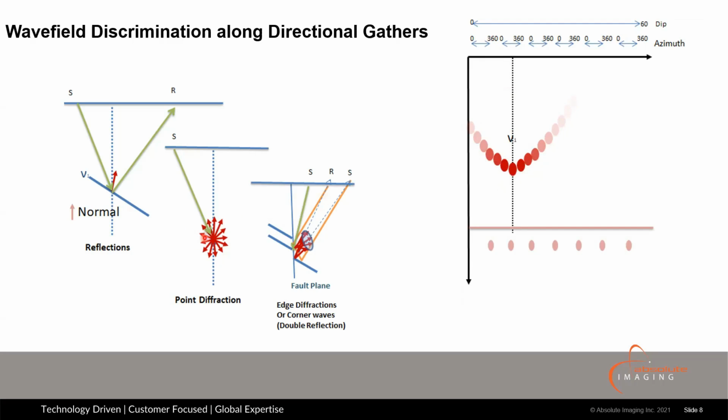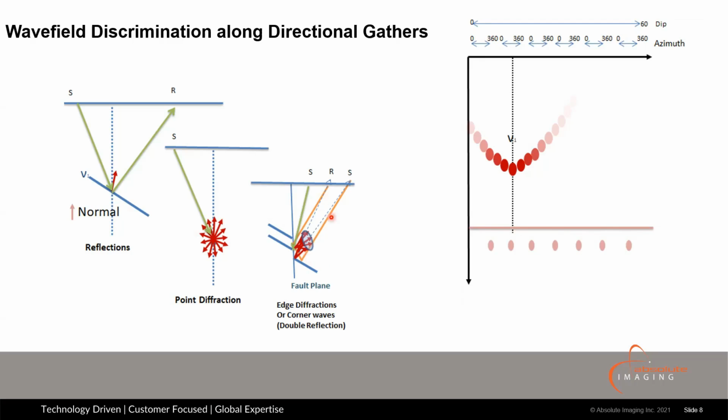In contrast, if you have a point diffraction, where energy is spread out equally in all azimuths and all dips, you can see this as a line that connects, because the energy goes everywhere with the same intensity. So no weakening, no fading out of the energy.